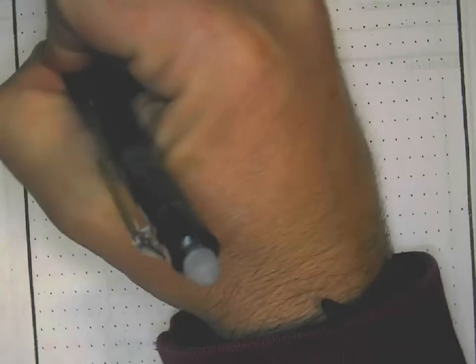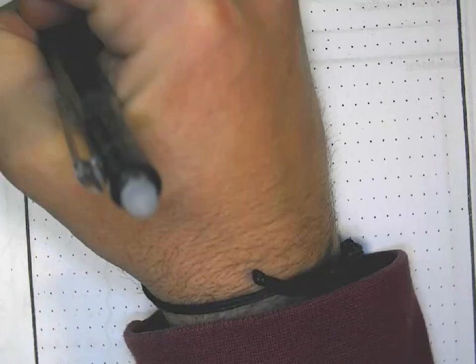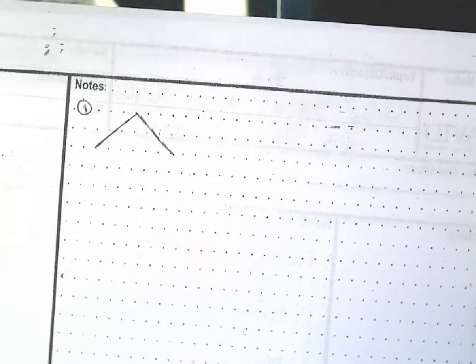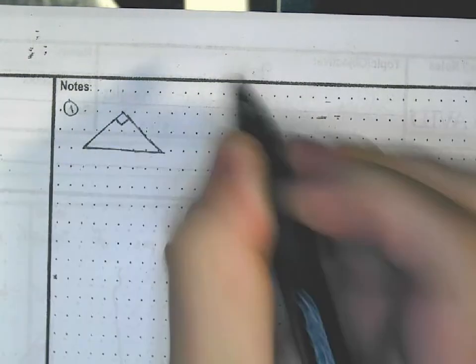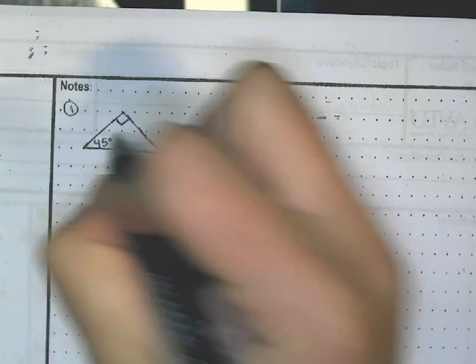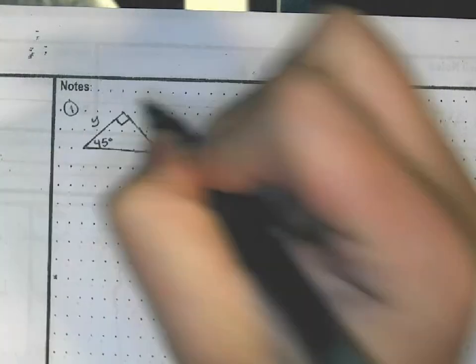So for example 1, I'll be given a triangle that looks like this. And I'm told that's that, and that's 45 degrees. And we're looking at y.